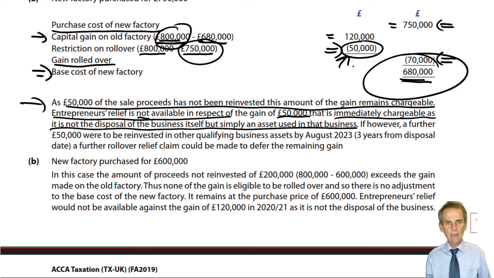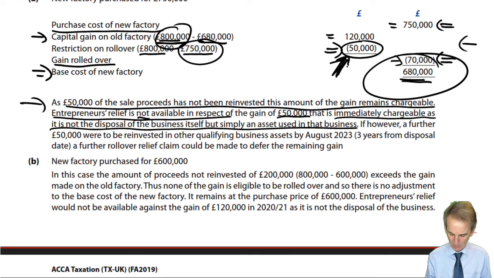If we did that, then the reinvestment has occurred within the relevant time scale, 12 months before to 3 years after the disposal date. So the reinvestment may in reality be made up of not just one purchase, as was the case here, that limited the rollover relief to just 70,000 and therefore created that chargeability of 50,000.